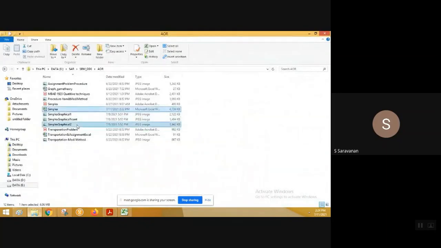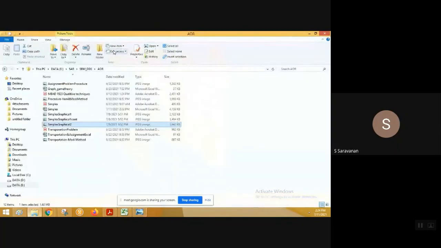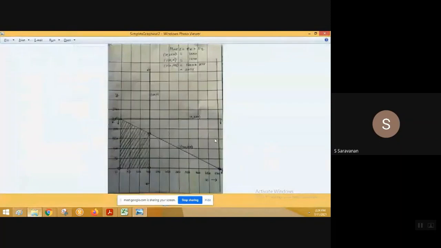Graphical, I think this is the problem. Just a minute. Okay, so this is the problem. Max Z is equal to 8x plus 5y. So this is the problem that we had on that day. I will copy this.